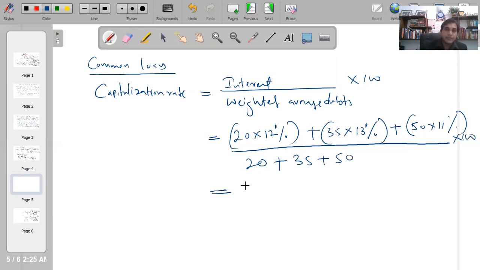Yes, what is the rate here? 20 into 12% plus 35 into 13% plus 50 into 11%. 12.45 million divided by 20 plus 35 plus 50, 105, multiply by 100. 12.45 divided by 105, multiply by 100. 11.86.